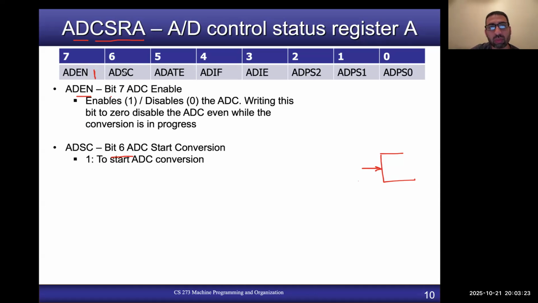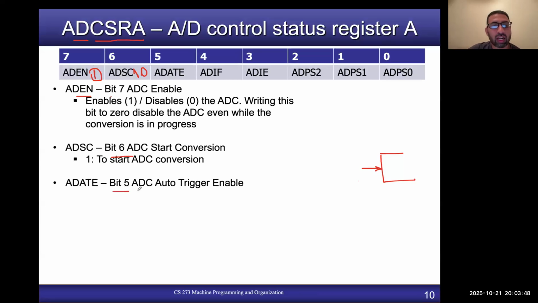Only if this bit is equal to 1 will the ADC start the conversion, and if you write it back to 0, then the conversion will stop. These are two different things: to perform the conversion, you first need to write 1 to the enable bit, and by itself that will not start conversion automatically. After that, you need to write 1 here as well.